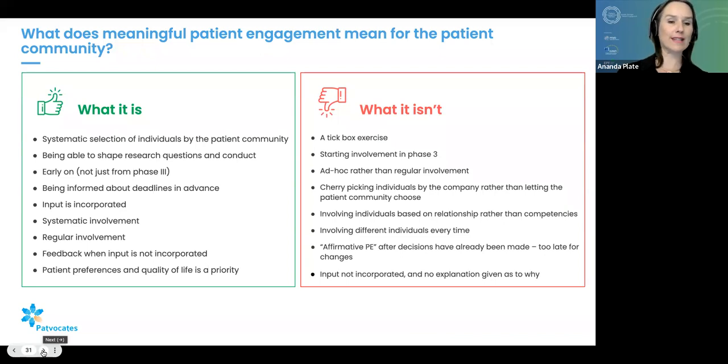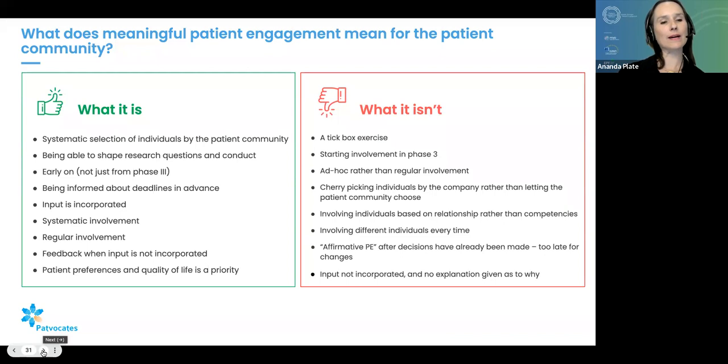Being informed about deadlines in advance, so you know exactly when that input or that engagement should be taking place. The fact that your input is actually incorporated is a huge issue. That the involvement is systematic.